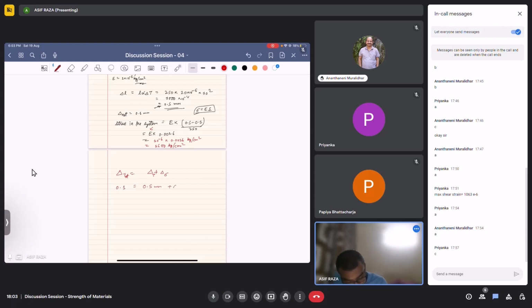So the elongation due to stress would be minus 0.4 mm, right? So stress would be equal to E times delta upon length, and minus 0.4 upon length 250, and the same thing, so minus 1600 kg per centimeter square, that is compressive in nature.